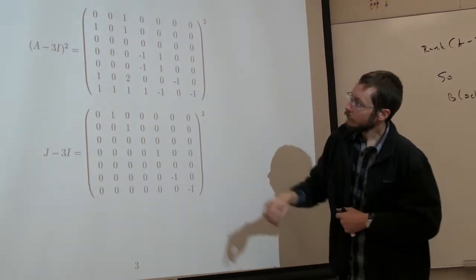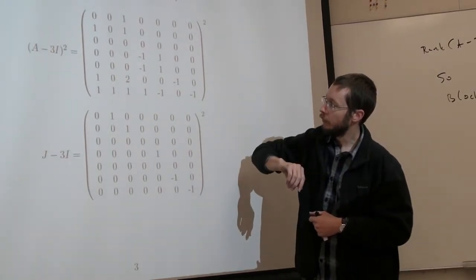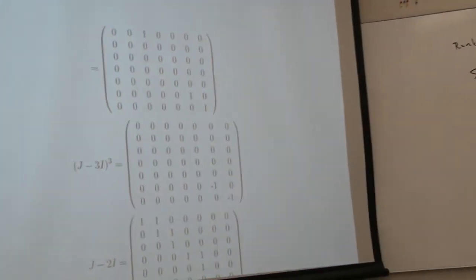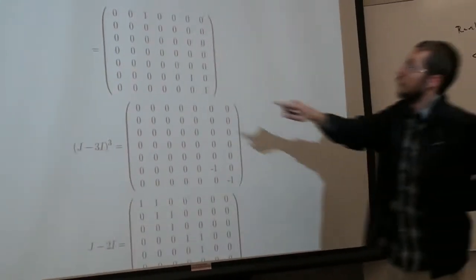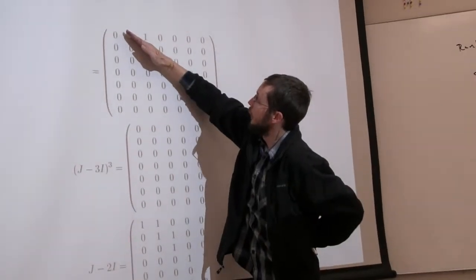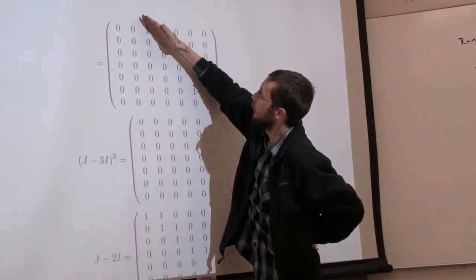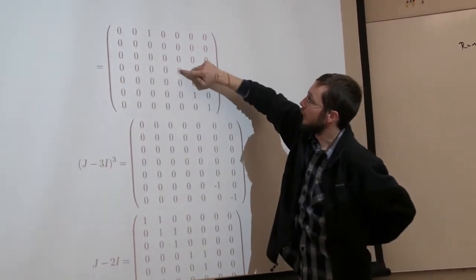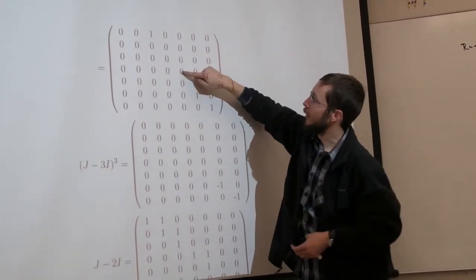Okay, so when we compute that J minus 3I squared, we would end up with this, where those ones that were originally here jump up 1 diagonal position to that location. And the one that was originally here would also jump up 1 diagonal position.